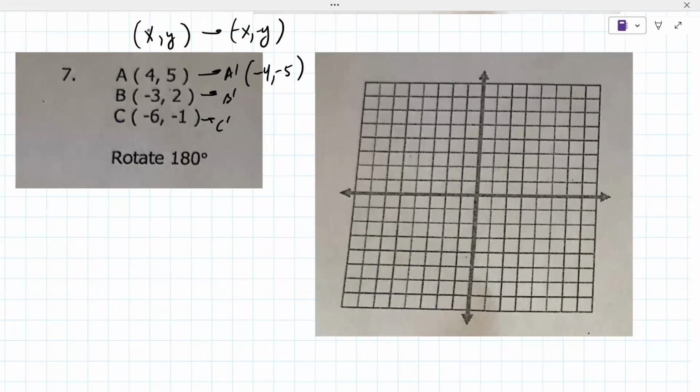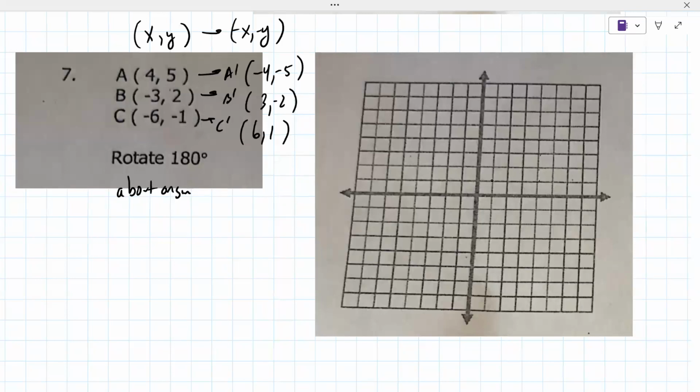B prime is 3, -2, and C prime is 6, 1. Now that whole thing I was mentioning about changing quadrants only applies when you're rotating about the origin. That's what this really means. They don't specify, but that's what they're saying.